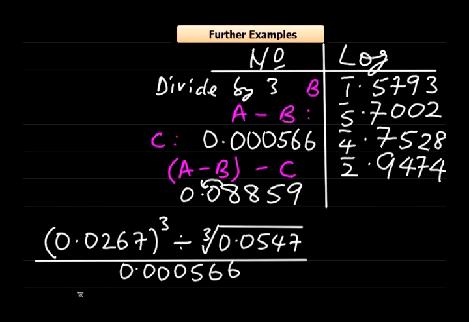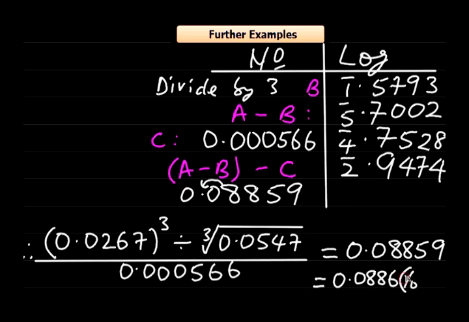Therefore this value is equal to 0.08859, which is equal to 0.0886 to 4 dp. That's the answer.